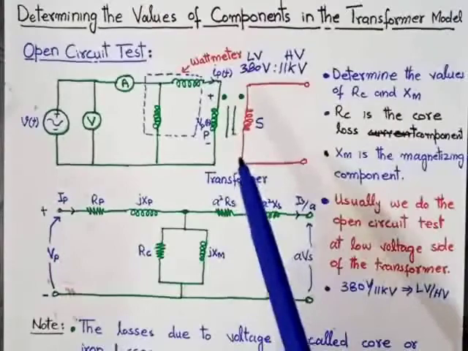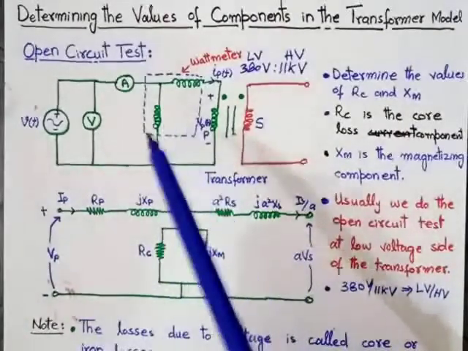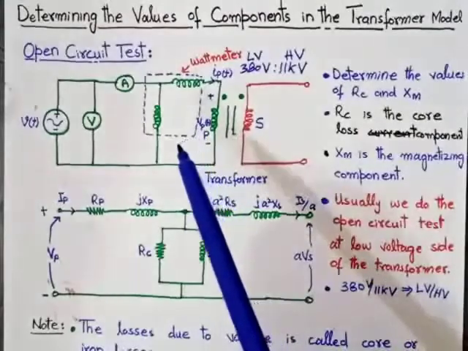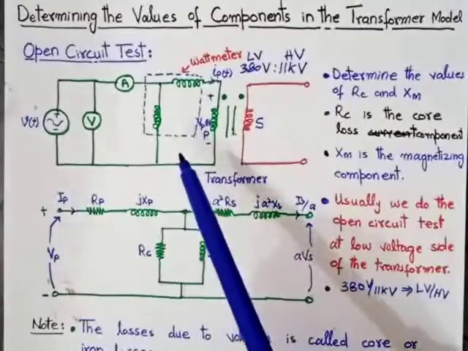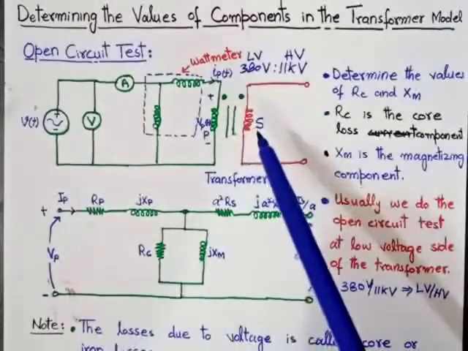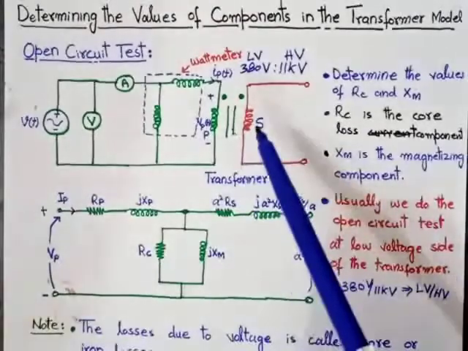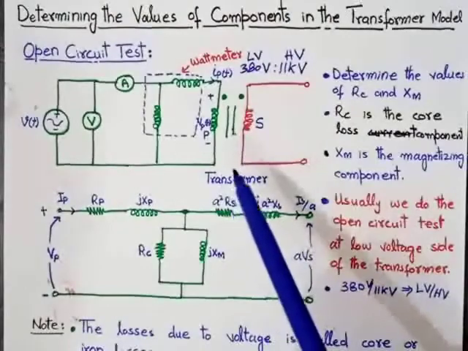It means when the voltage across the primary circuit is more, the current across the primary circuit will be less. Similarly, when the voltage across the secondary circuit is high, the current across the secondary circuit will be less.